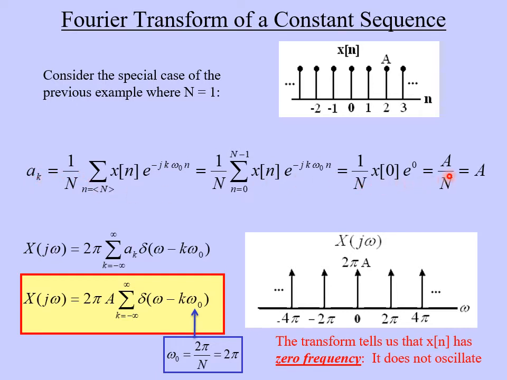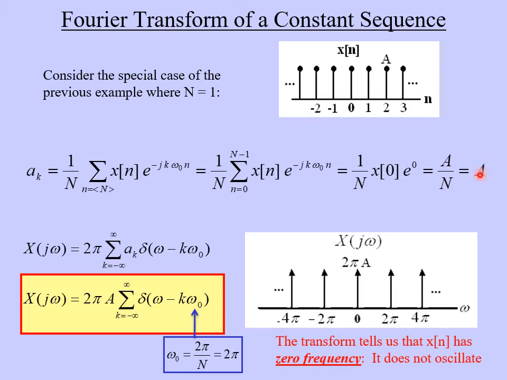So in this case, because this is not a 1 up here, it's actually a, we just multiply all the results by a. So we have a over n for our Fourier coefficient, but remember n here, which is the fundamental period, we set that equal to 1 because this thing repeats itself every tick of little n here. So a over 1, of course, is a.